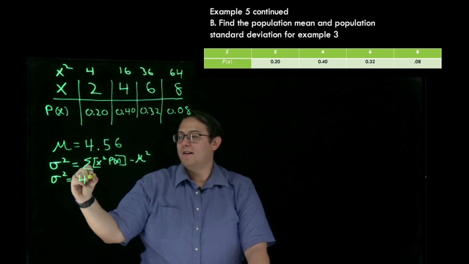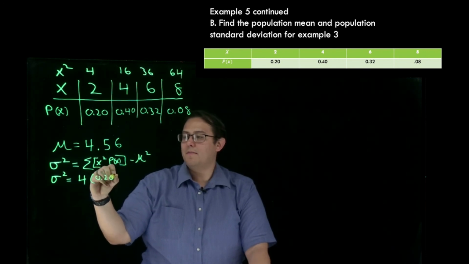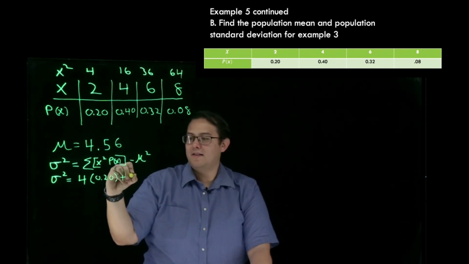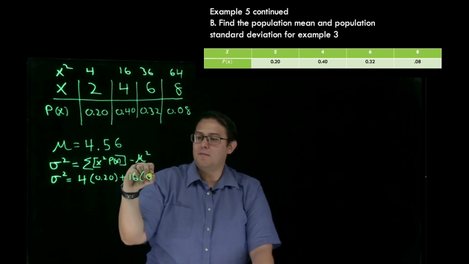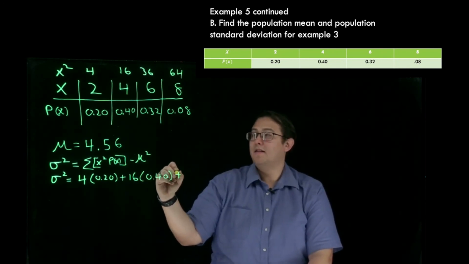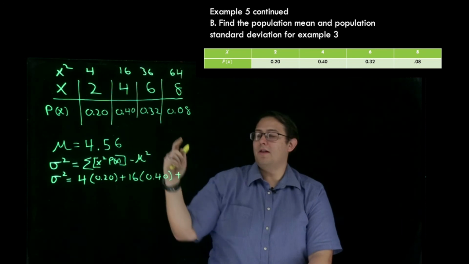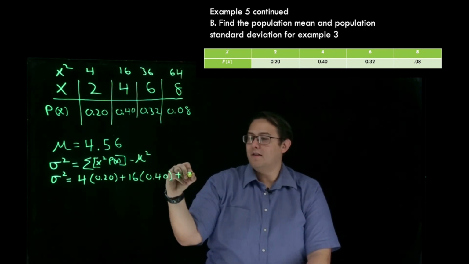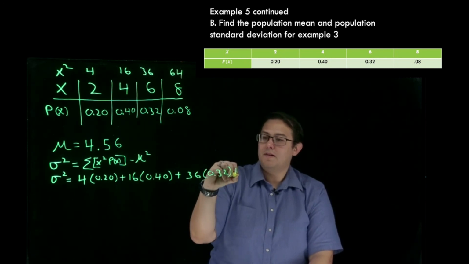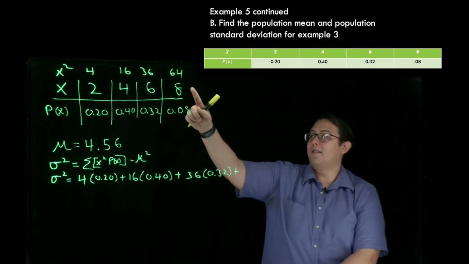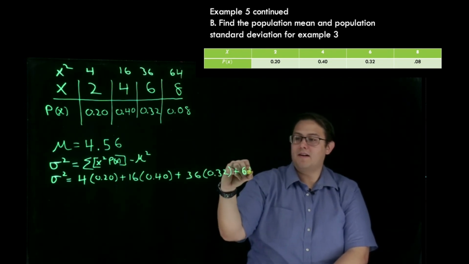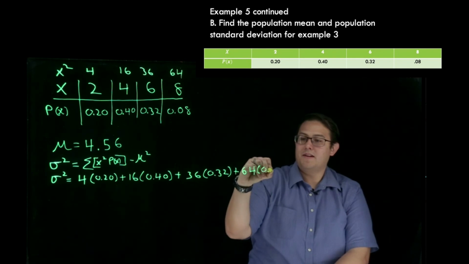So 4 times the 0.20 plus 16 times the 0.40, and then plus 36 times 0.32 plus 64 times the 0.08.